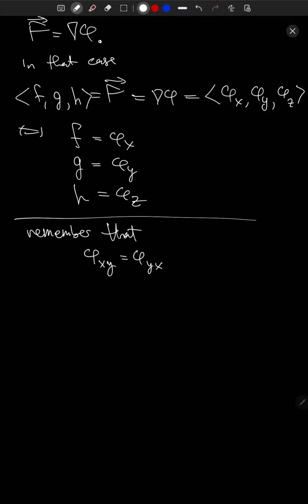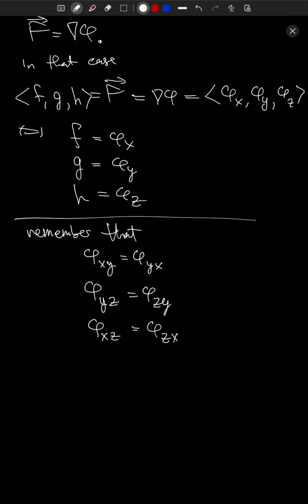We've said that since the beginning of the class. Also, phi sub yz is equal to phi sub zy, and there's one more: phi sub xz is equal to phi sub zx. So this is always true, at least for the functions that we're working with in our class.